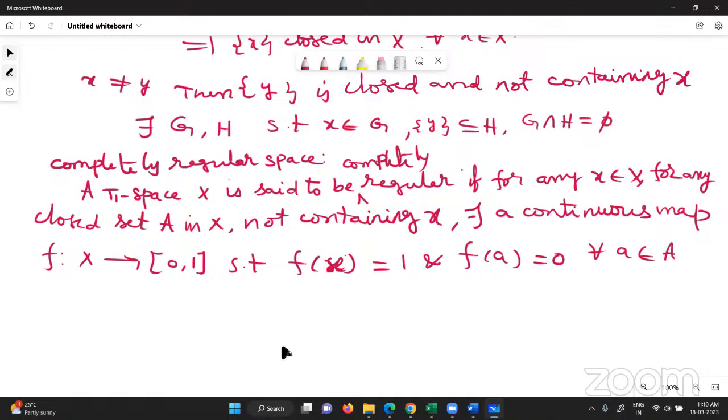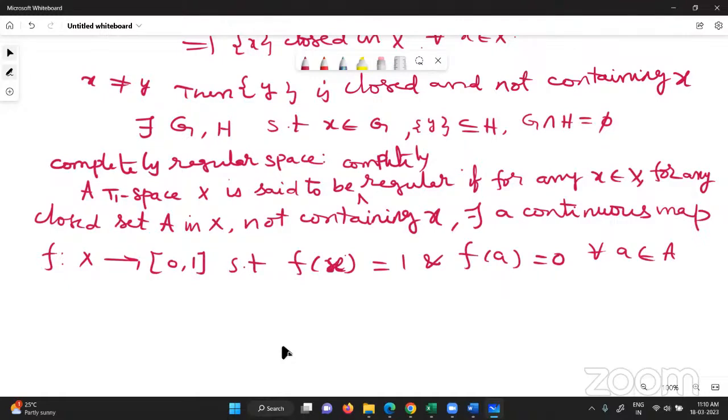A T1 space X is said to be completely regular. Read the definition two to three times until you digest the concept. Then only you can prove the big theorems. Just these three theorems I am going to explain: Tietze's extension theorem, Urysohn's embedding theorem, and Urysohn's lemma.